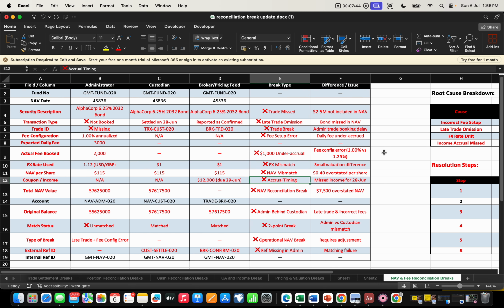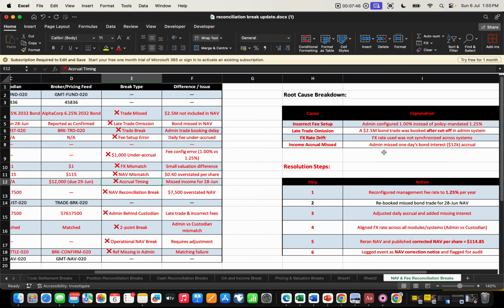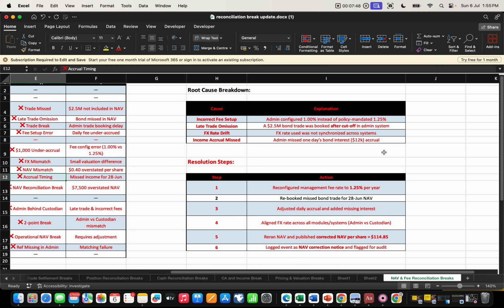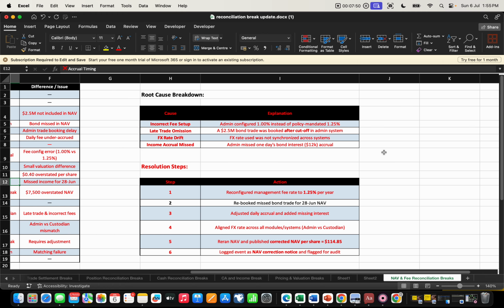The most important part is how we can root cause this NAV break. A NAV break can be root caused by many things. First is incorrect fee setup: admin configured 1% instead of the policy mandate of 1.25%, so admin has to correct it to 1.25%. Late trade omission: a $2.5 million bond trade was booked after cutoff in the admin system.